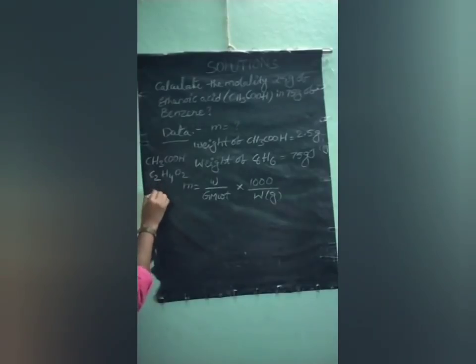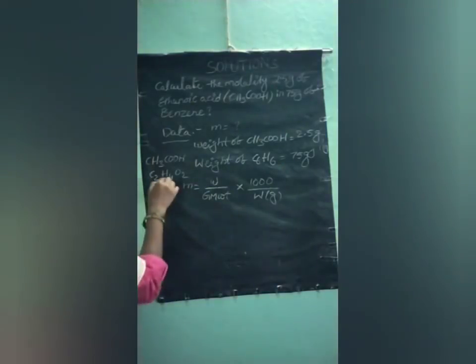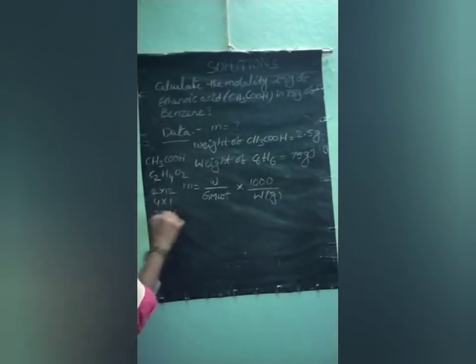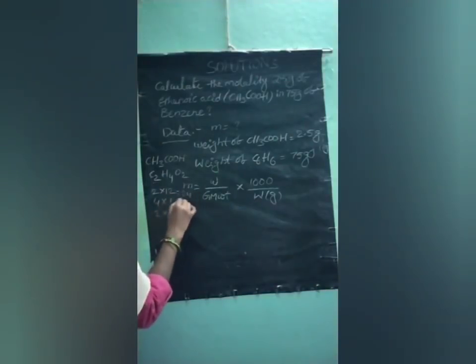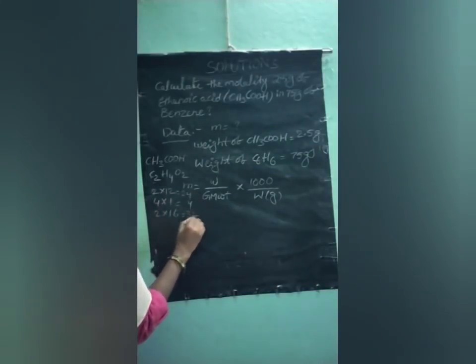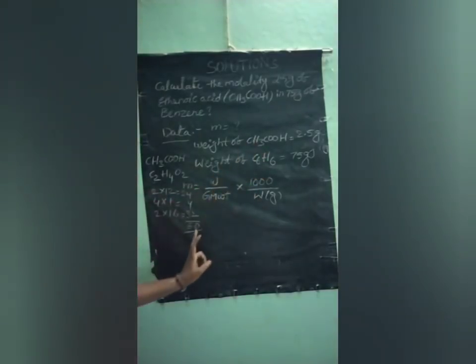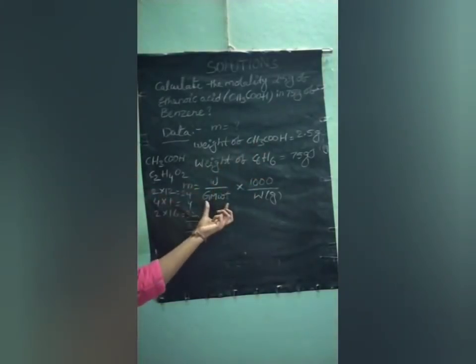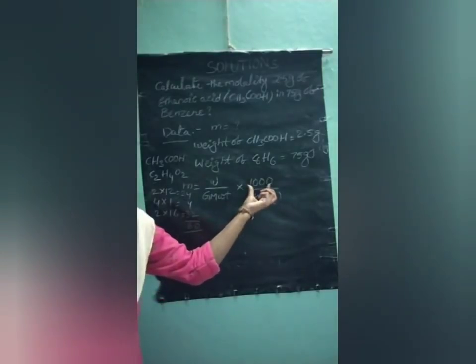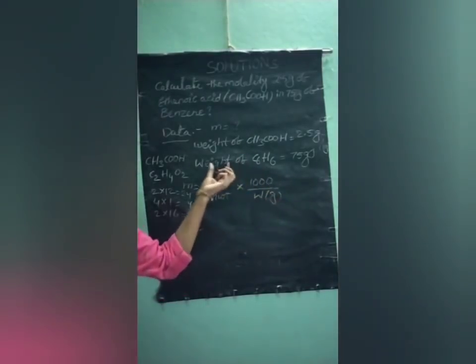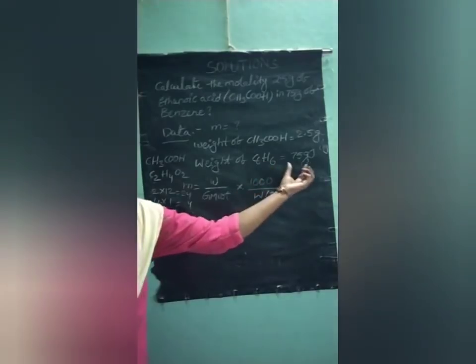So 2 into carbon's atomic weight 12, and 4 hydrogens, 4 into 1, and 2 oxygens, 2 into 16. So we get 24, 4, and 32. Total we get 60. So the gram molecular weight of ethanoic acid is 60. And 1000 by weight of the benzene, that is the weight of the solvent, 75 grams.